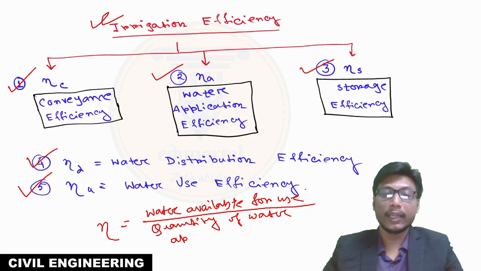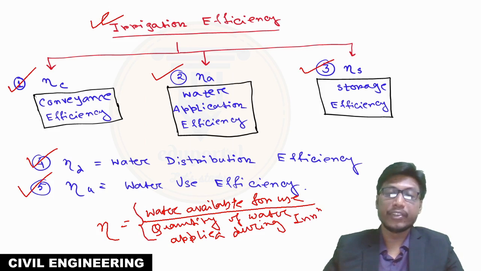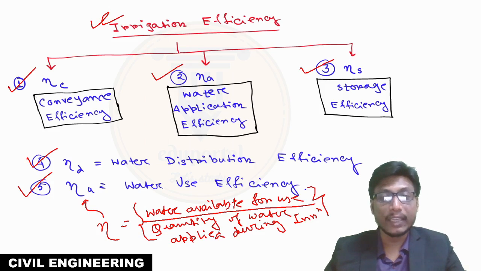So efficiency is the water available for use divided by quantity of water applied to the irrigation field. Okay, now we will see different kinds of efficiencies.